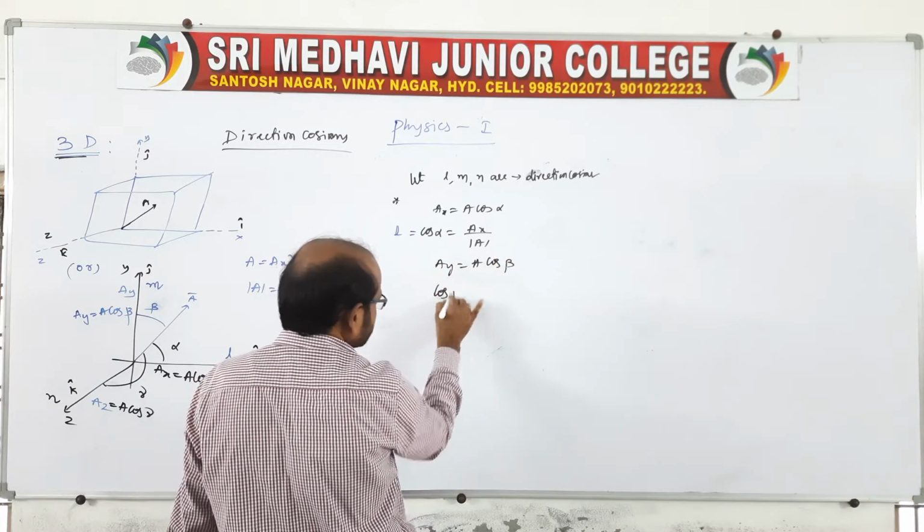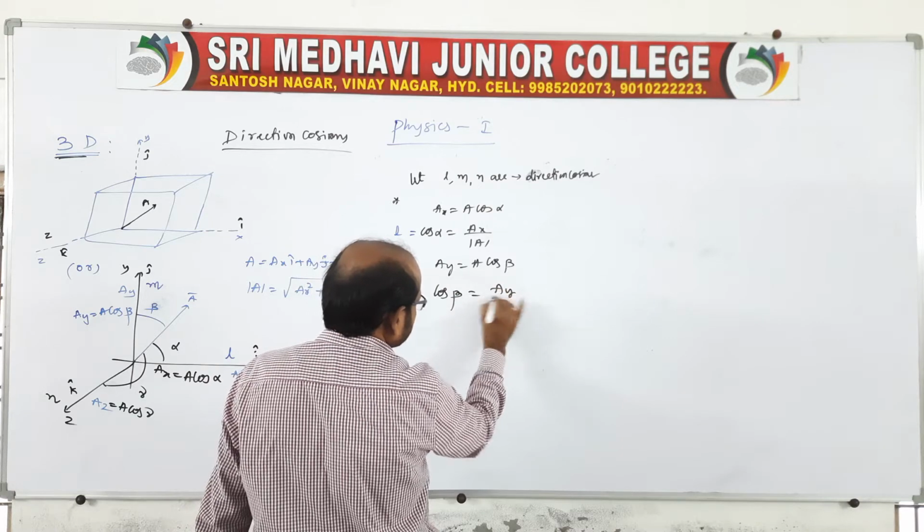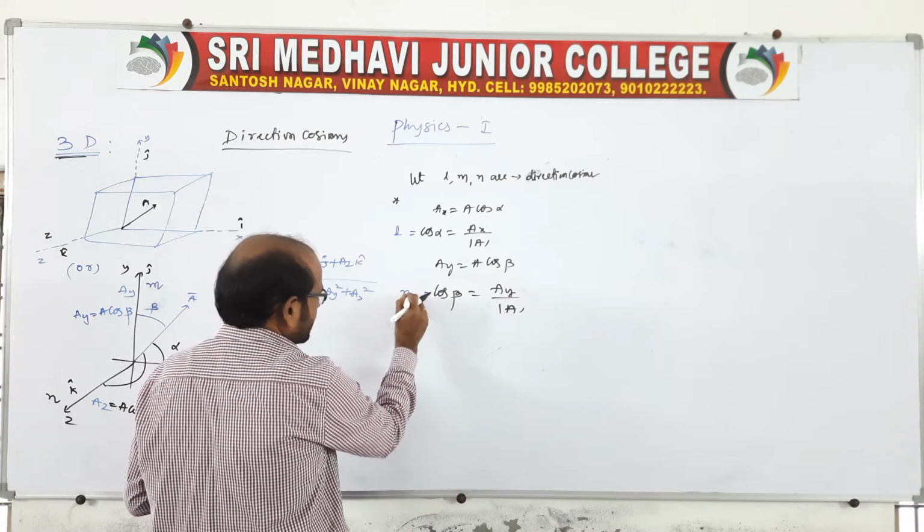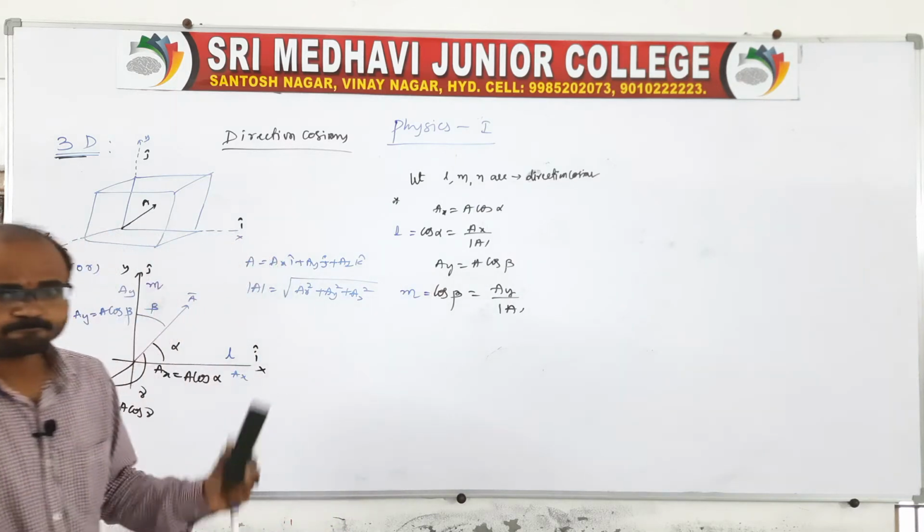From this, cos beta is equal to Ay by magnitude of A, which is represented as M, the direction cosine.